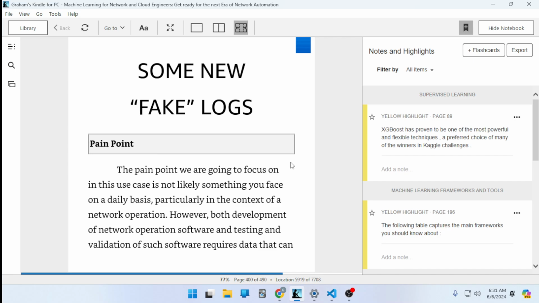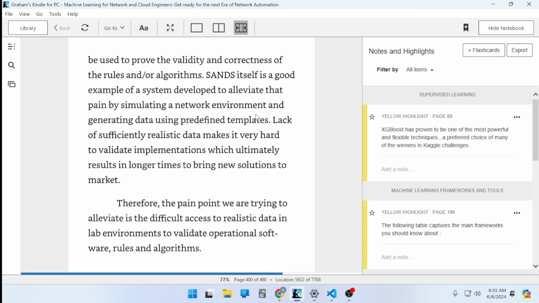However, both development and network operation software and testing and validation of such software requires data that can be used to provide validity and correctness of the rules and/or algorithms. SANS itself is a good example of a system developed to alleviate that pain by simulating a network environment and generating data using predefined templates.